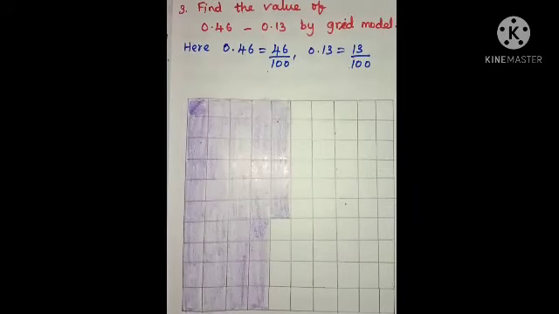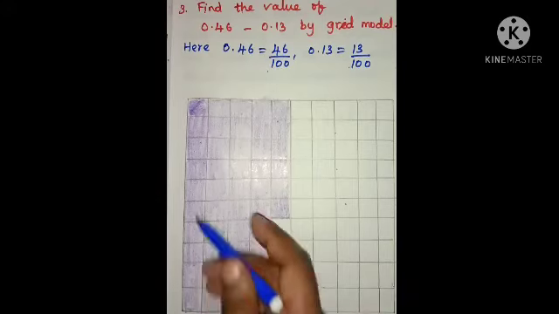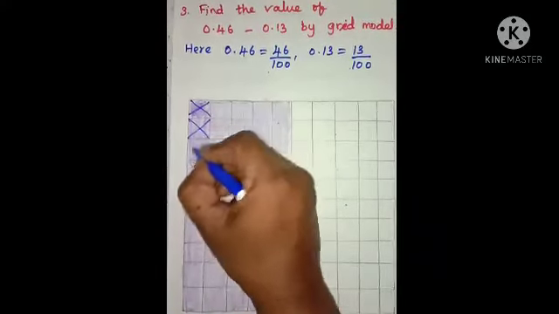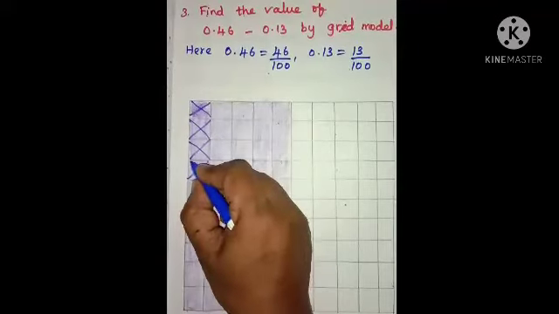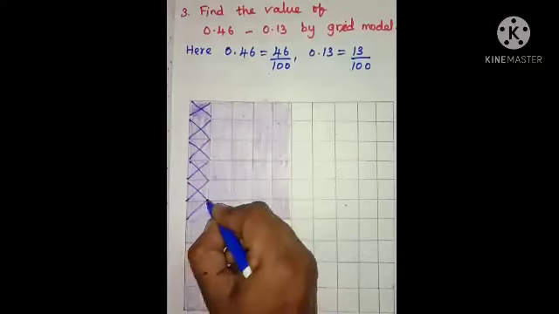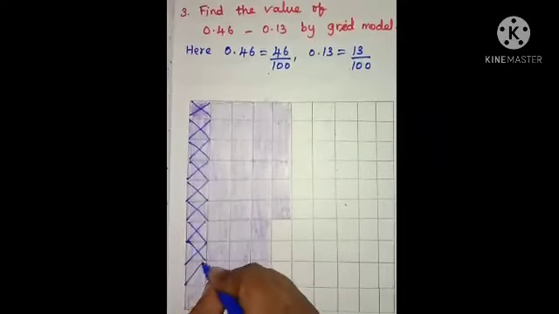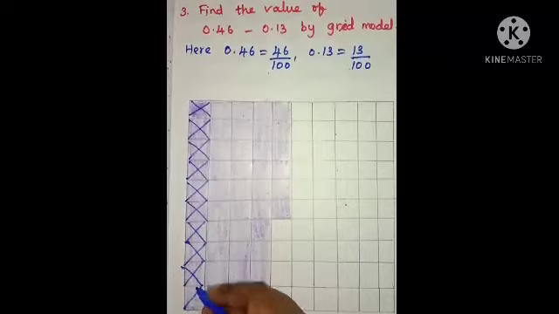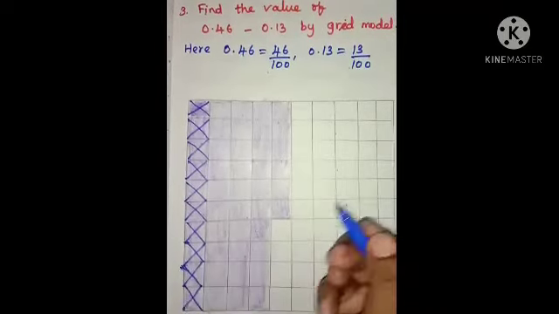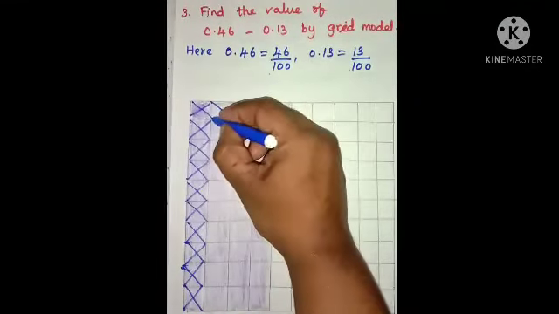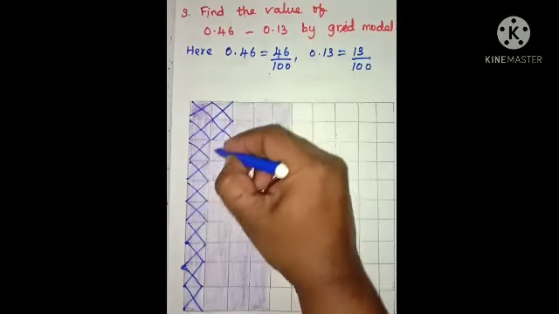In the first column there are 10 squares, and each column has 10 squares. So let us cross completely 1, 2, 3, 4, 5, 6, 7, 8, 9 and 10, and 3 more, 1, 2, 3.